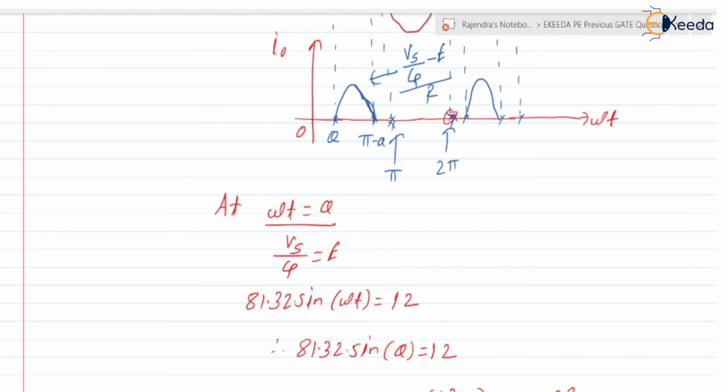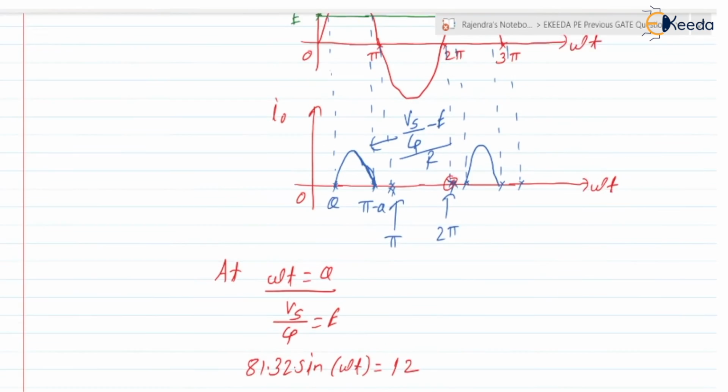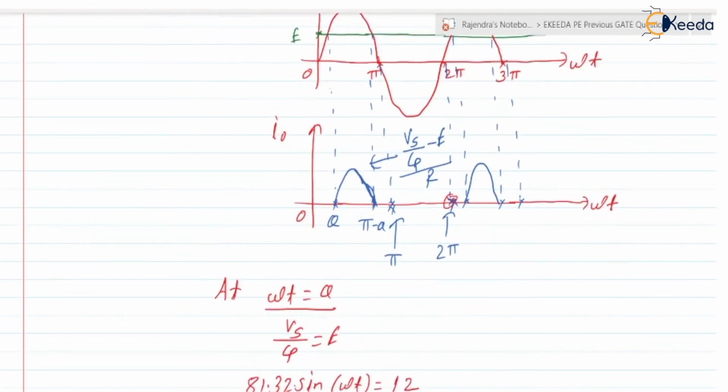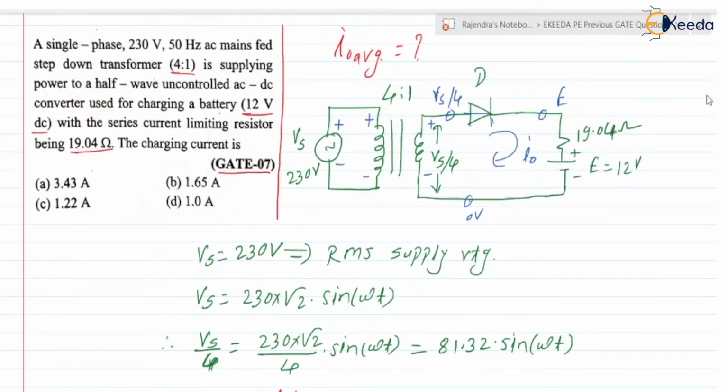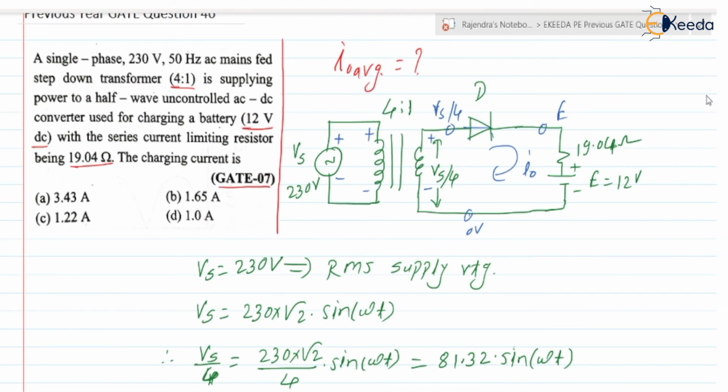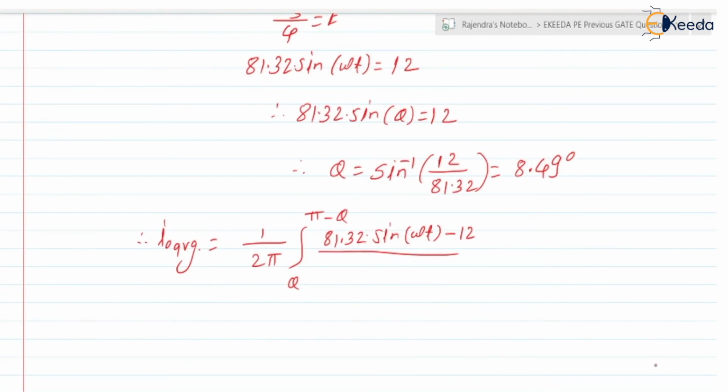During this instant, it is Vs by 4 minus E by R. So you can put 81.32 into sine of omega t minus E, that is 12, divided by R. R is given, it is 19.04 ohm, into d omega t, right?